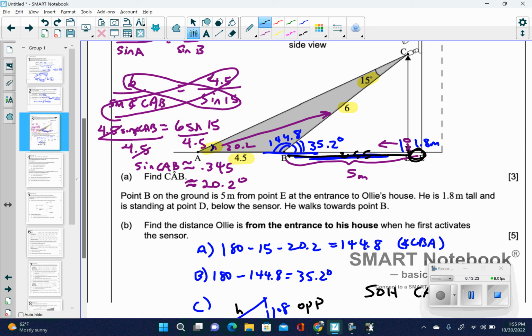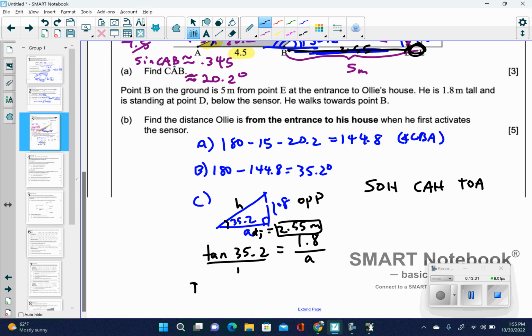So to figure out what this distance is, which is our remaining amount, last step, all you have to do is 5 minus that. So step D is going to be 5 minus the measurement that we just got, which is 2.55. And our final answer for this question is 2.45 meters. Okay? I know that was a lot, but that is also why it was worth 5 points.